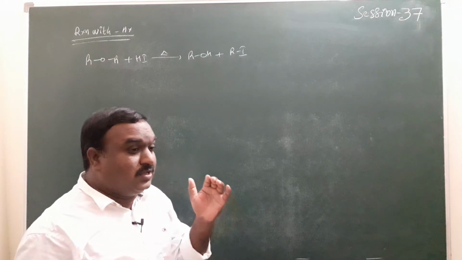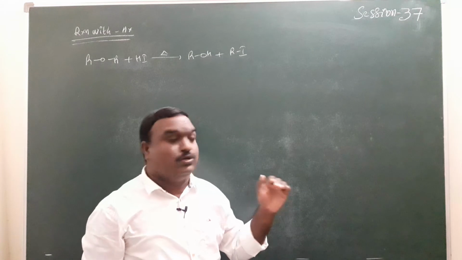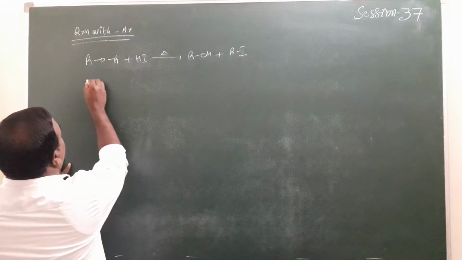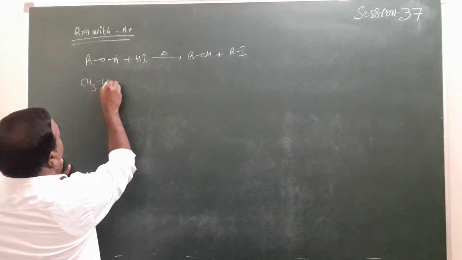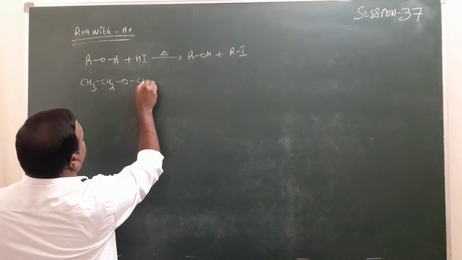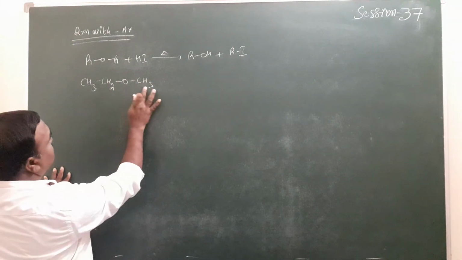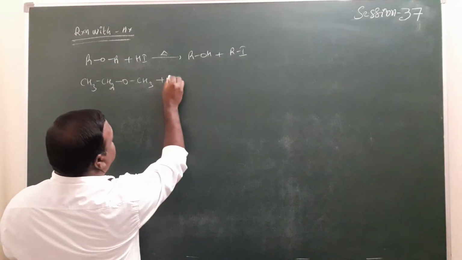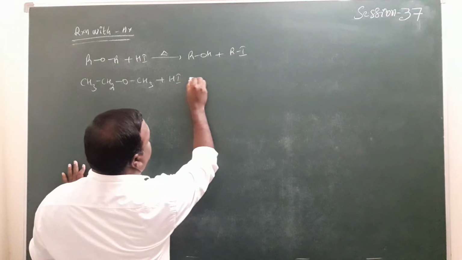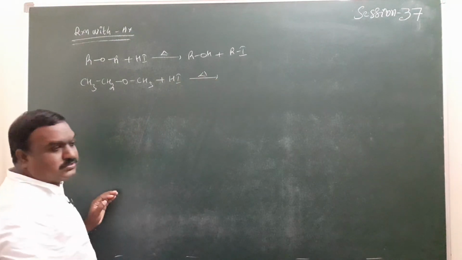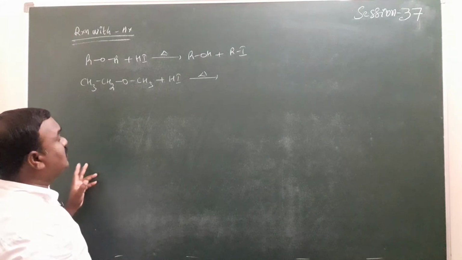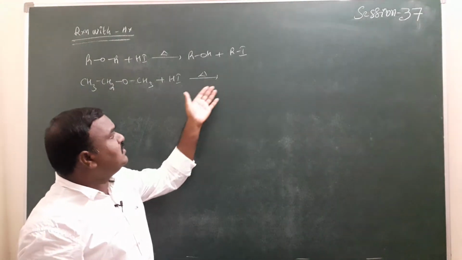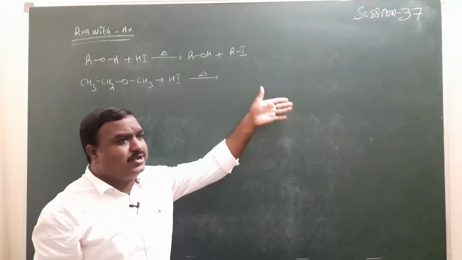Based on the given substrate, we can write the products. For example, here CH3, CH2, CH3 is ethyl methyl ether. Ethyl methyl ether undergoes cleavage with hydrogen iodide in the presence of temperature. If a symmetric ether is given, we can directly write that one converts into alcohol and another converts into iodide.